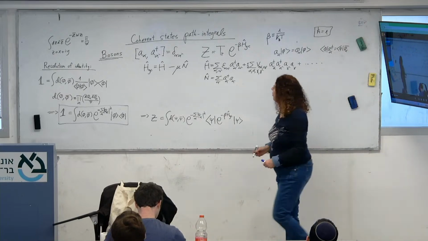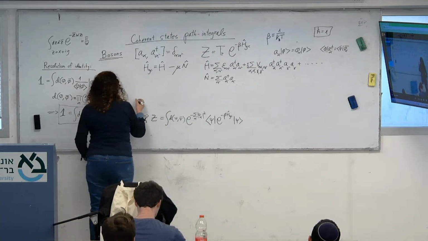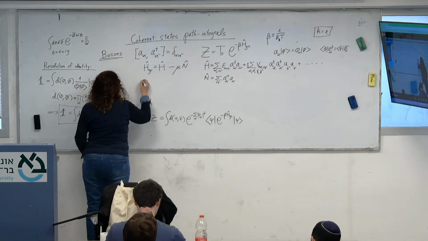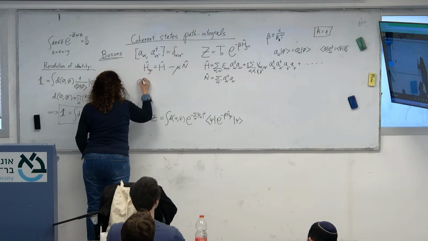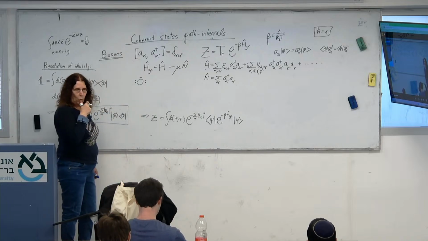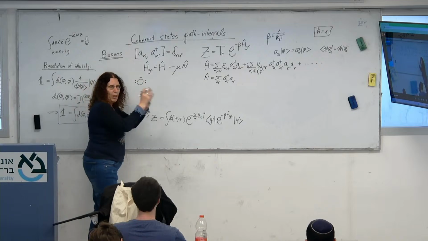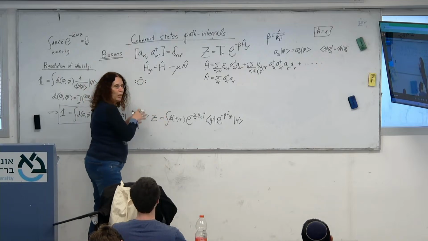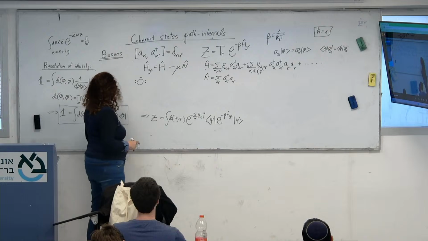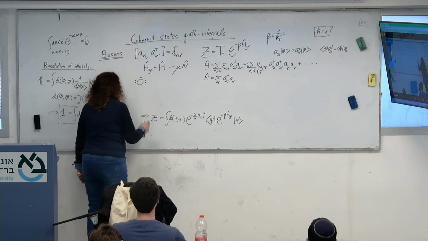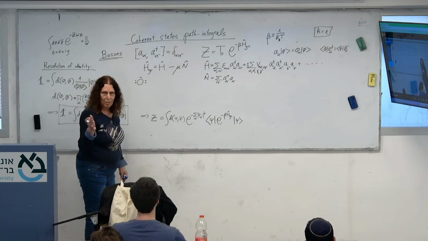So therefore, if I have a general operator that is written in normal order, what does it mean? It's some combination of some product of A's to the right, some product of A daggers on the left, and it doesn't matter if this operator is Hermitian or not.